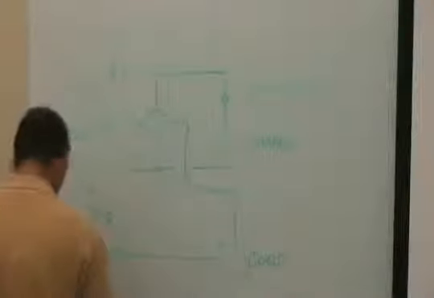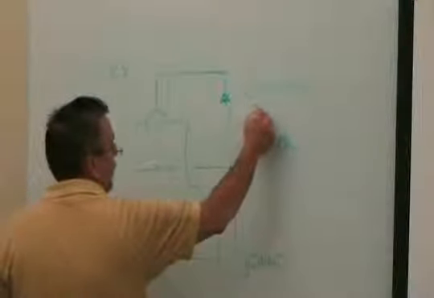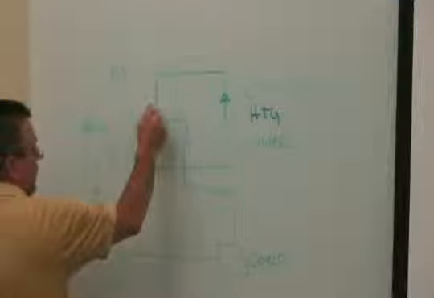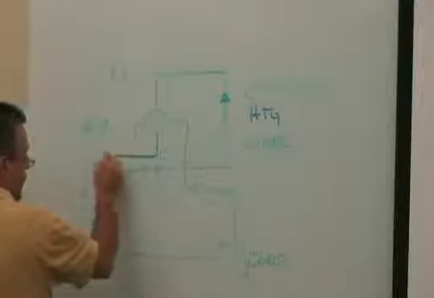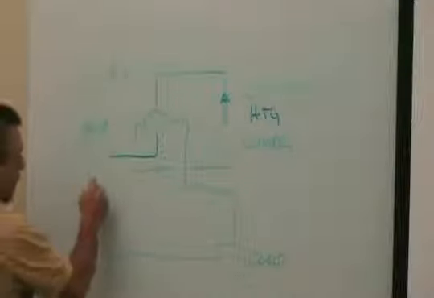Now if we go to heating, what happens is I'm still coming off the compressor, should be using red, the condenser going through the reversing valve, then I'm going to go to the evaporator, and I have a bidirectional expansion valve, meaning the expansion valve is actually designed for refrigerant flow in both directions.